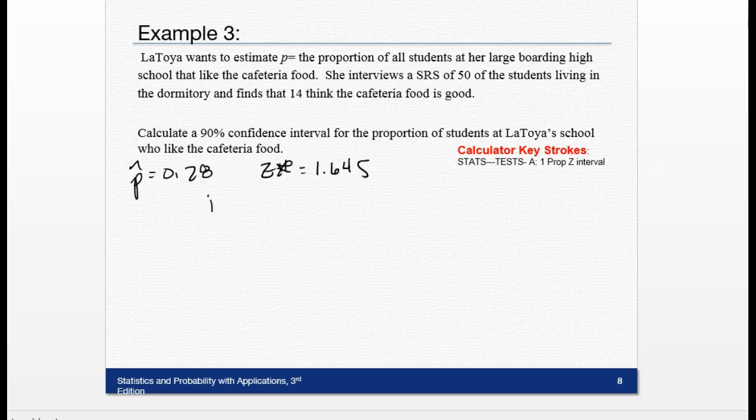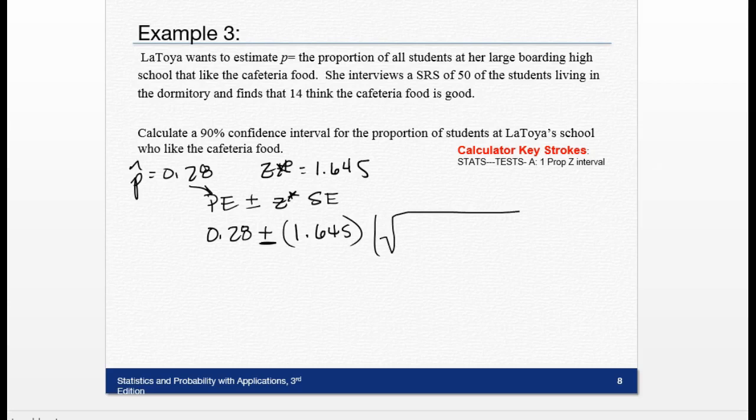It says the point estimate plus or minus z star times the standard error formula. So my point estimate is this guy right here, 0.28, plus or minus 1.645. And the standard error is that big square root we've used before. We use 0.28 times 1 minus 0.28, and we divide it by our sample size, which was 50.